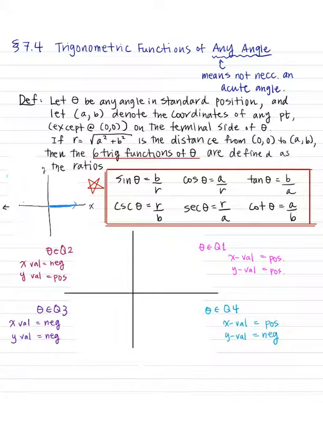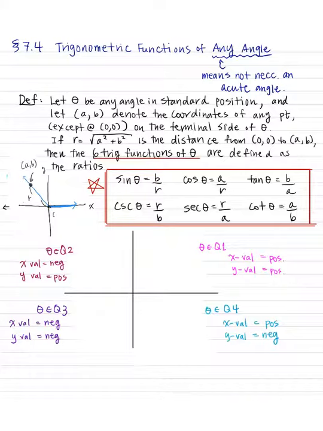And let's make this not an acute angle, so this is the terminal side. Any point on the terminal side, I'm just going to plot it right here. This point is the (a, b) that they're talking about, and the distance from here to here is r.